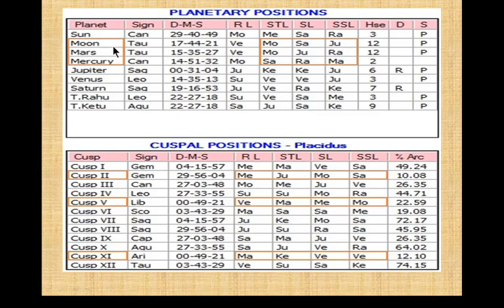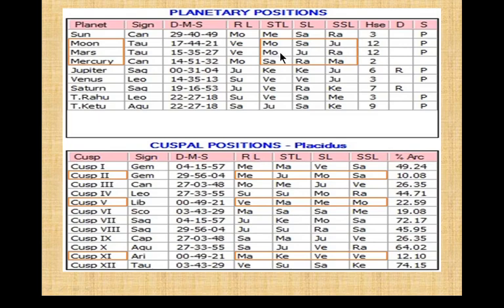So Moon, Mars and Mercury. We have to focus on cusps 2, 5 and 11, because first child is connected to 2, 5 and 11. So Moon in the star of Moon, and sublord is Saturn. Here Moon appears in 2 and 5. Saturn appears in 2. So 2 and 5 getting stimulated.